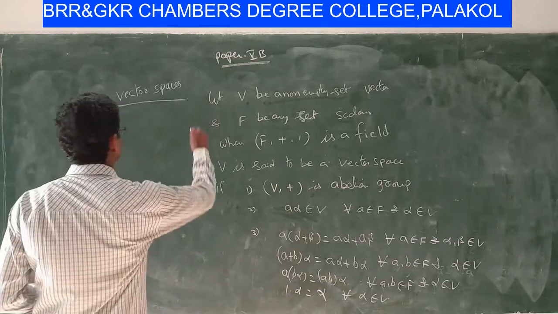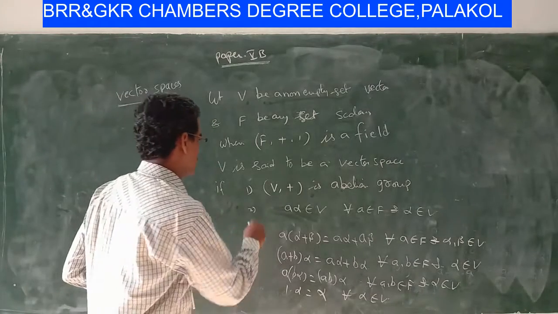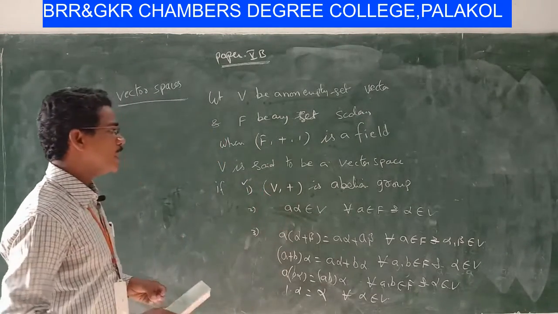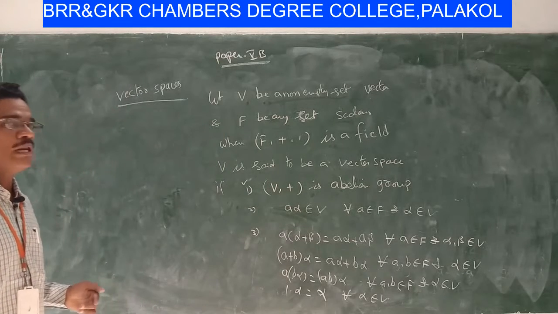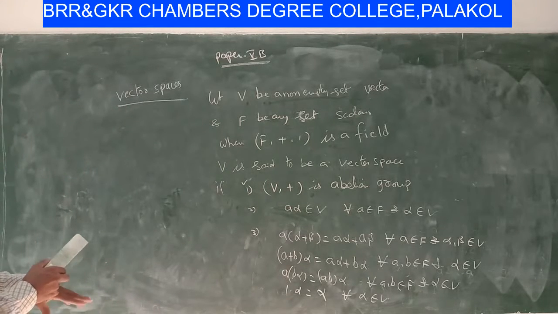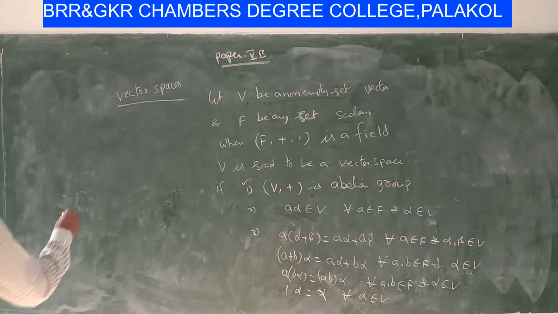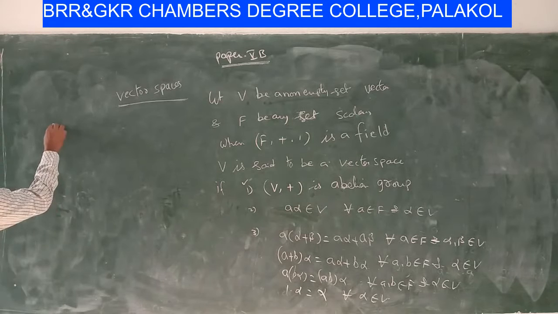Now I discuss the first point. V, plus is an abelian group. Already you know that abelian means closure, associative, identity, inverse and commutative. First of all, closure.